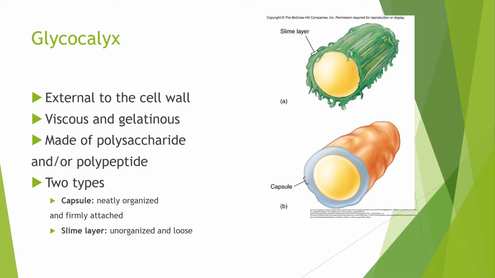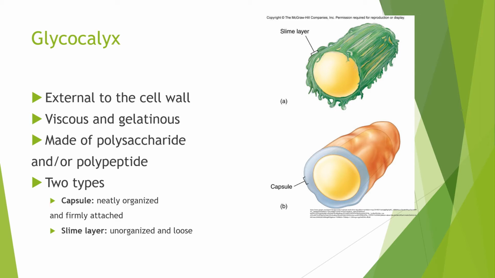It could also be made out of polypeptides, which are proteins, or a glycocalyx could actually be composed of both polysaccharides and polypeptides. Now, if that glycocalyx is firmly attached to the cell wall, we call it a capsule. And if it's unorganized and loosely attached, we refer to it as a slime layer.